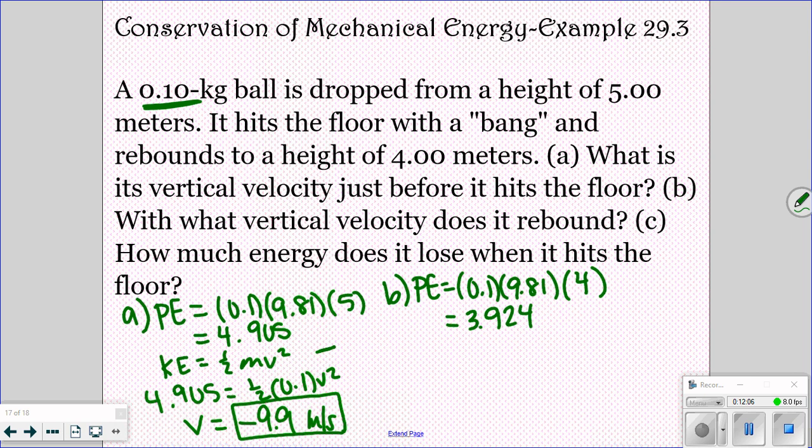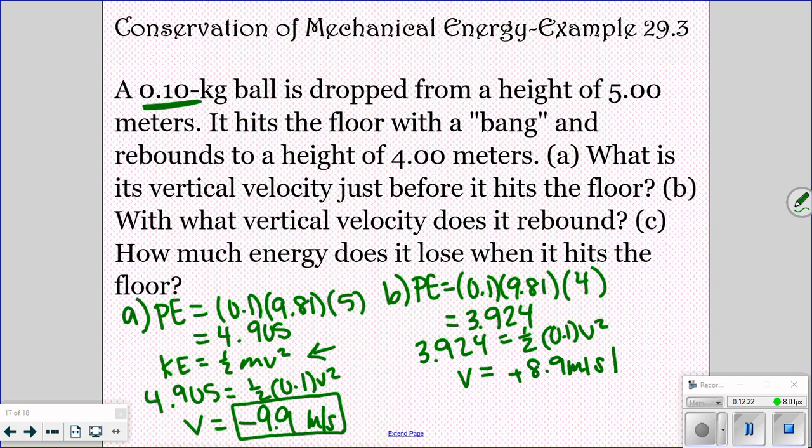Then we plug it into our kinetic energy formula, 1/2 times 0.1 times v squared, and if you solve that, you should get a positive 8.9 meters per second. Now, why is this one negative and why is that one positive? On part A, we're going down, and when we're going down, that's always negative. Part B, it's rebounding up, so that means it's a positive vertical velocity. That's what it rebounds with.